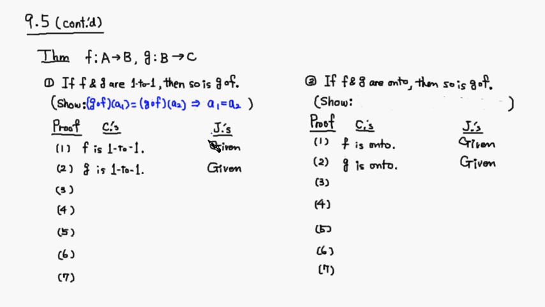So let's prove that. First conclusion, it's a given: f is 1 to 1. Line 2, g is also 1 to 1. Those are the given conditions.